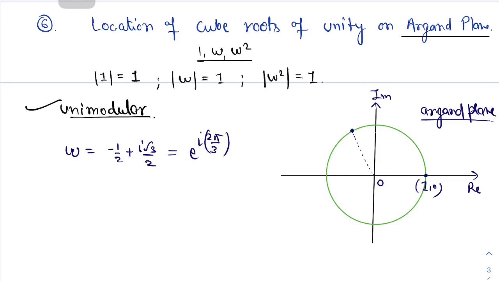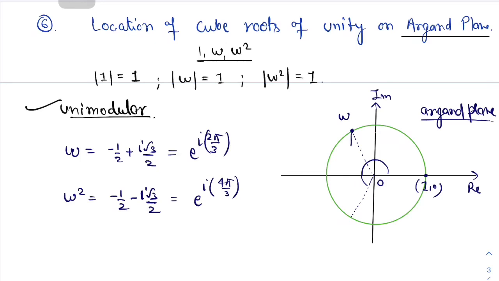So this is our omega, and the other is omega square, which was minus 1 by 2 minus iota root 3 by 2. In exponential form it was e to the power iota 4 pi by 3. 4 pi by 3 means 240 degrees. So starting from the positive real axis, 240 degrees will be 180 plus 60, so it will be somewhere here.